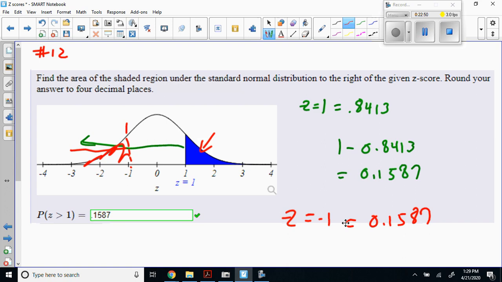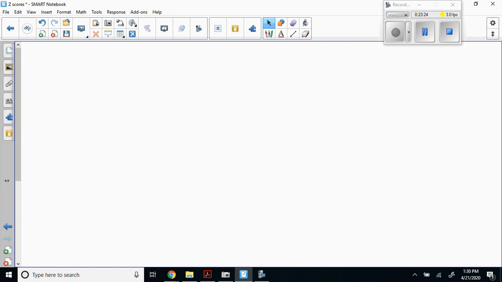All your values are to the left of that, so greater than means you're looking to the right of it. You're looking at this area, so you have to do 1 minus that value. But if you looked at a negative 1, because you're at negative 1, you are looking at everything to the left because it is symmetrical, right? So that's number 12. And that's it.